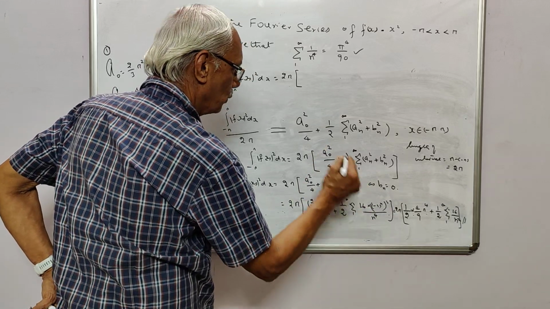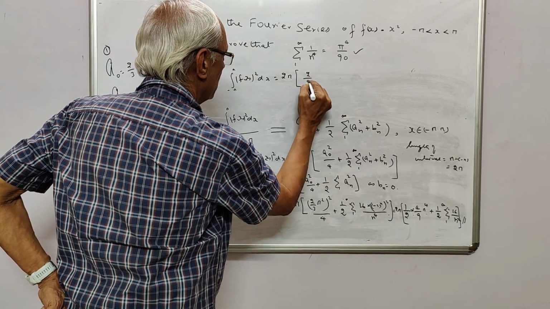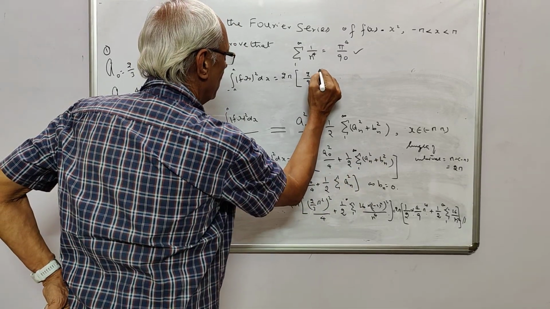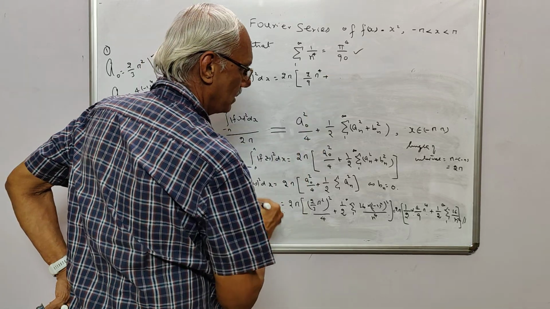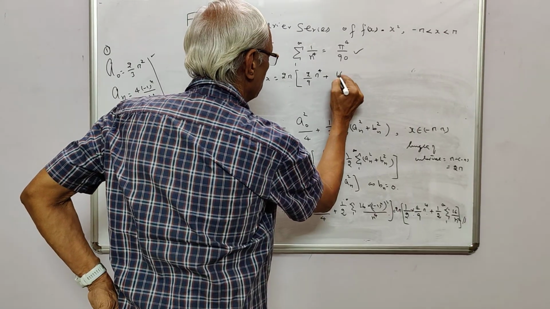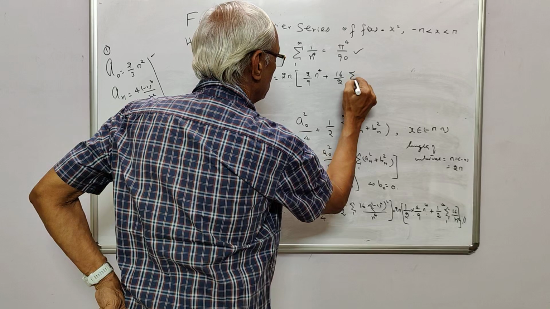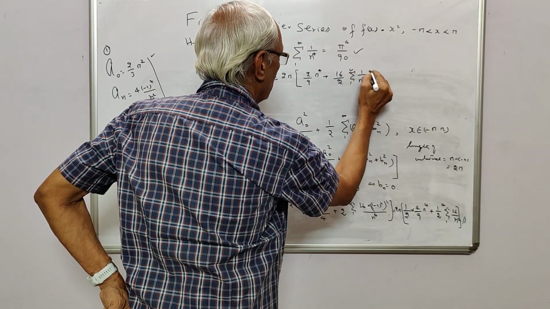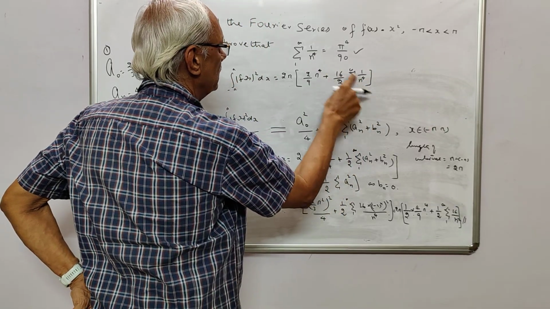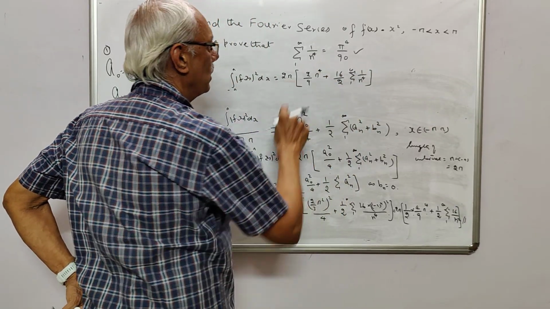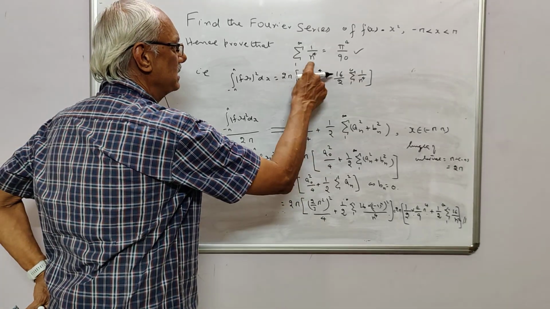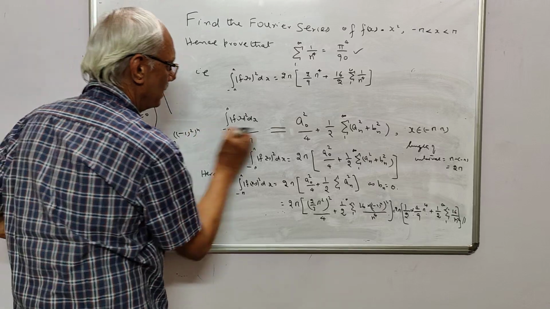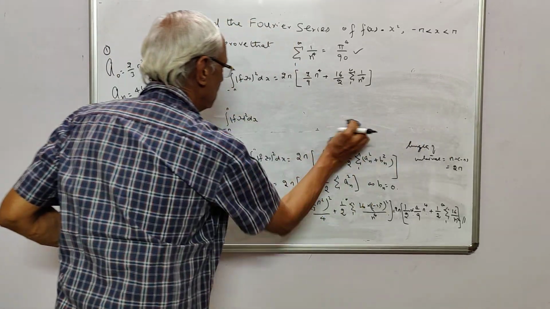Here you get 2 by 9, 2 goes off. It is 2 by 9 pi to the power of 4 plus 16 by 2 sigma of 1 to infinity, see, 1 by n to the power of 4 I am getting here. Now I have to do some manipulations and get the answer. So this is what you get.